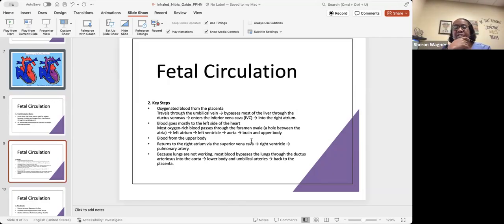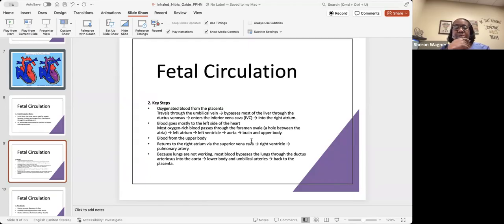Then it goes into the IVC and into the right atrium, and blood goes mostly to the left side of the heart. Most of the oxygen-rich blood passes through the foramen ovale and is circulated out into the body.